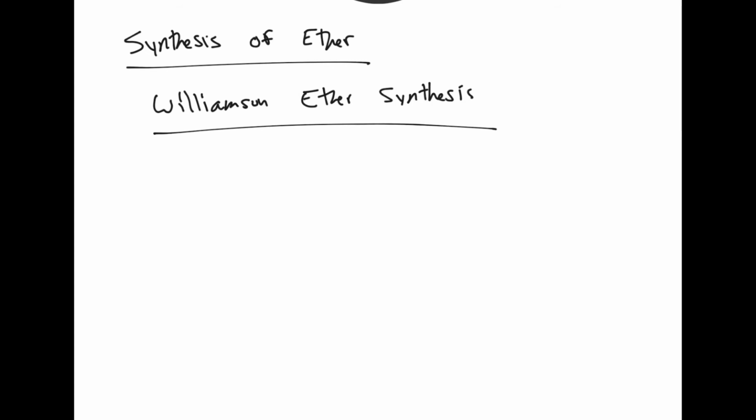Great. The Williamson ether synthesis is something we did right at the end of substitution elimination chemistry, right? That's where you have an alcohol, you use a base like sodium hydride, and then you will use a halide of some sort to make an ether.